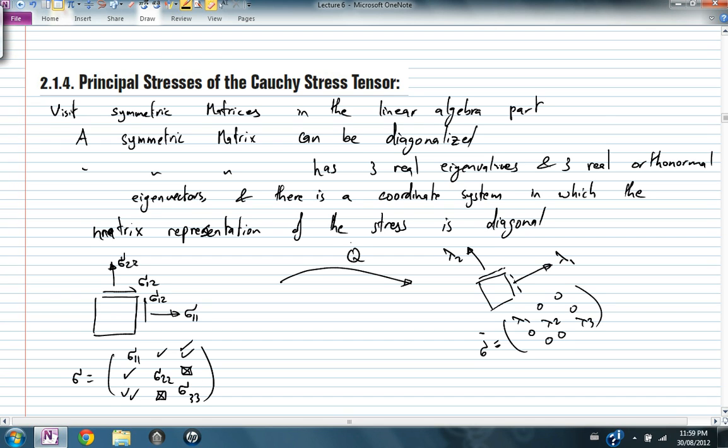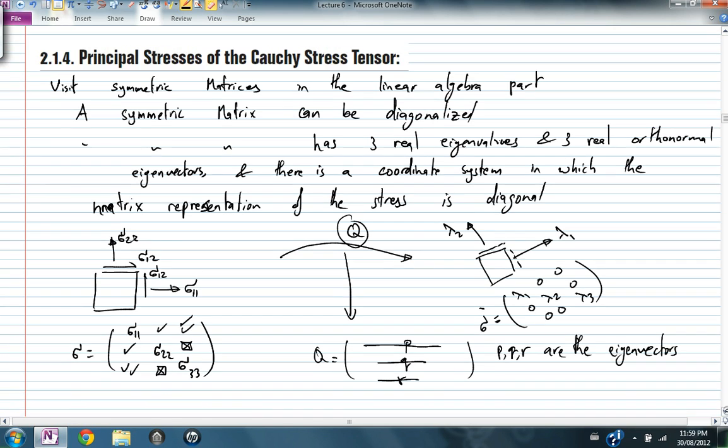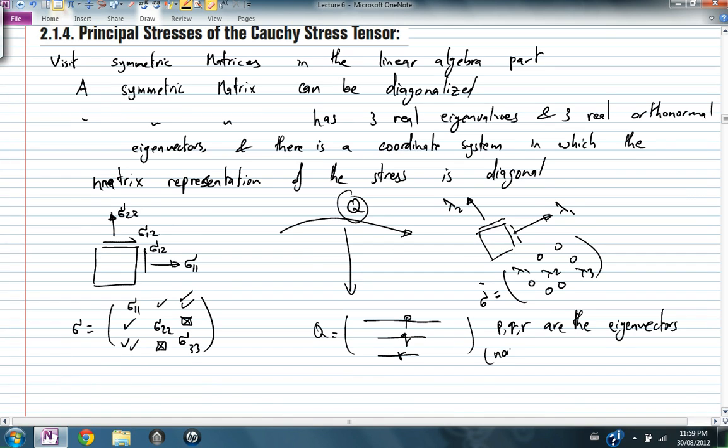And how can I find Q? Q is the coordinate transformation made out of p, q, and r, where p, q, and r are the eigenvectors, normalized of course, of sigma.